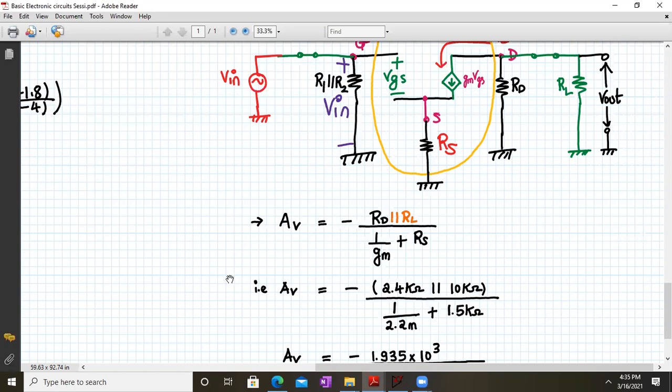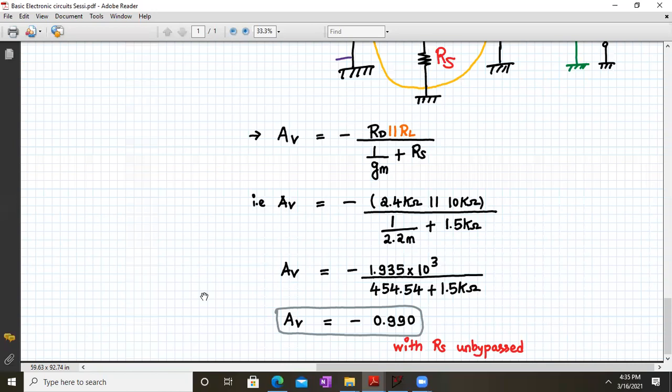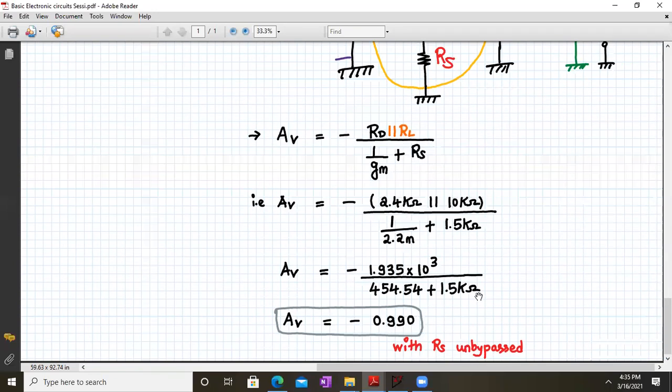Sir, minus 0.99. Yes, absolutely correct. The answer is minus 0.99. So the gain has reduced if you remove the capacitor.